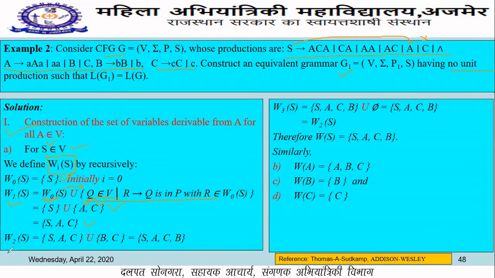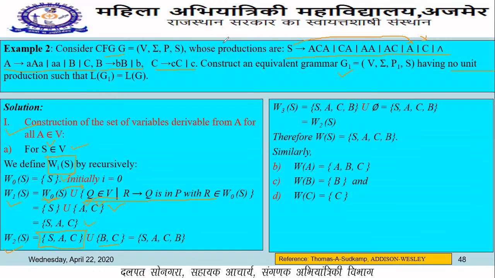Now we go for the next iteration, W2 of S. In this we include the previously calculated set of all variables derived from S, and now we choose all those variables which are derived from the previously calculated set of variables.